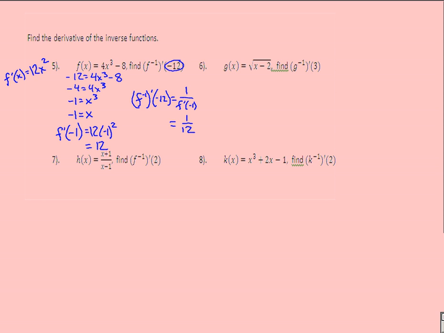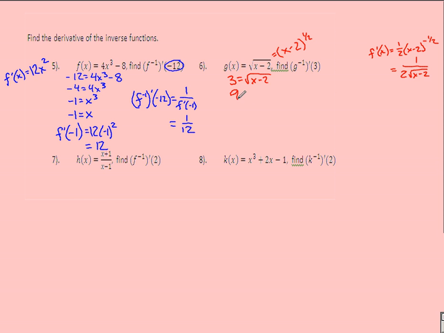For the next one, remember, I can rewrite this function as x minus 2 all to the 1/2 power. That means if I did the derivative first, it'll be 1/2 times x minus 2 to the negative 1/2 power. I can rewrite that as 1 over 2 square roots of x minus 2. I need to see what my point is going to be, so I set 3 equal to that function.